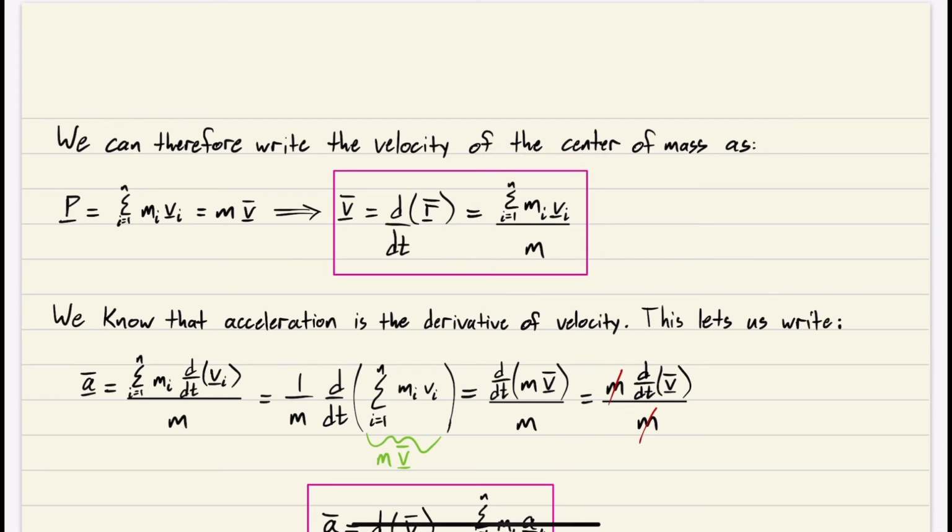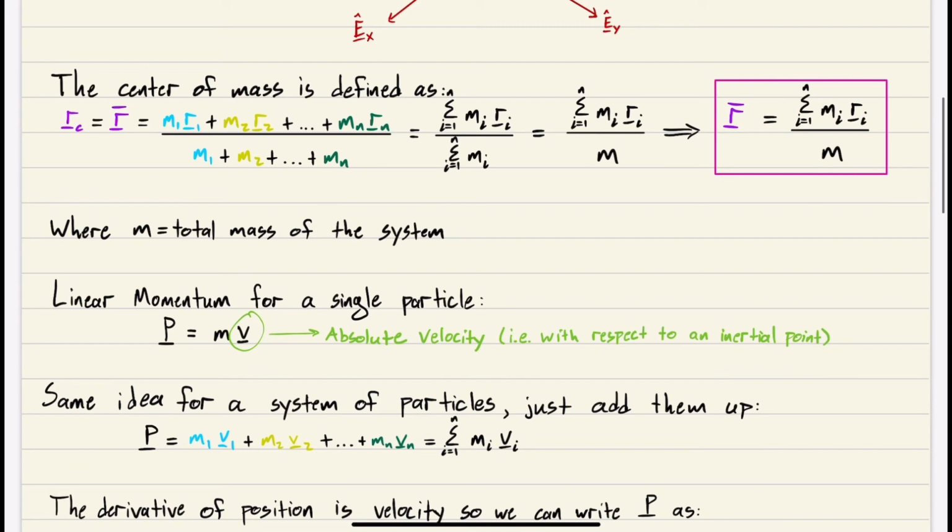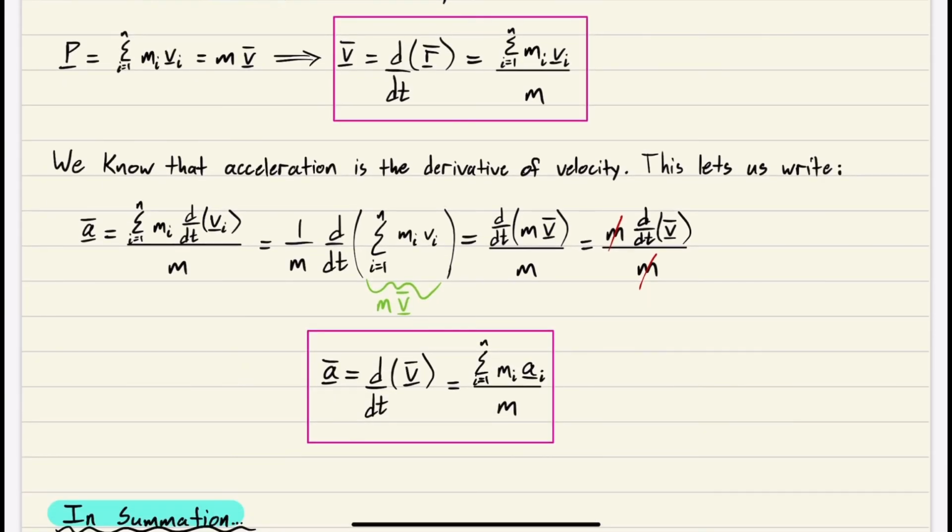So the definition of the velocity of the center of mass is the derivative of the position vector of the center of mass, which is equal to this right here, right? And this looks really, really similar to this, right? Definitions are similar.